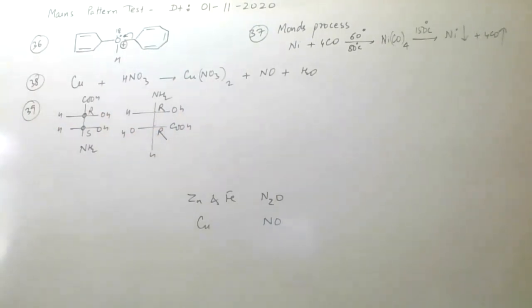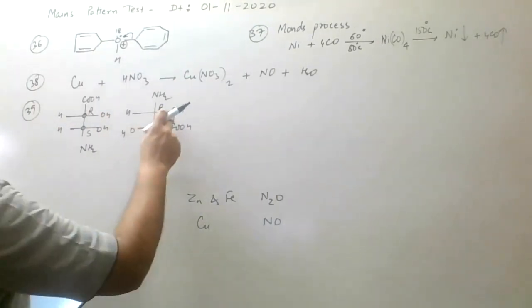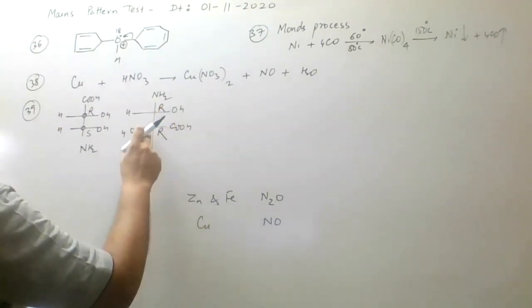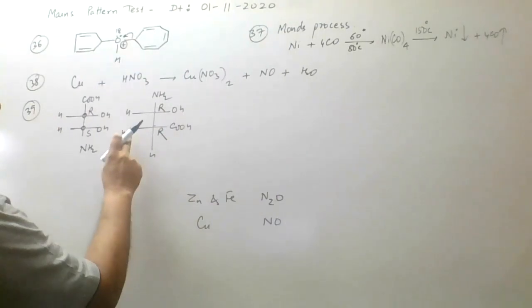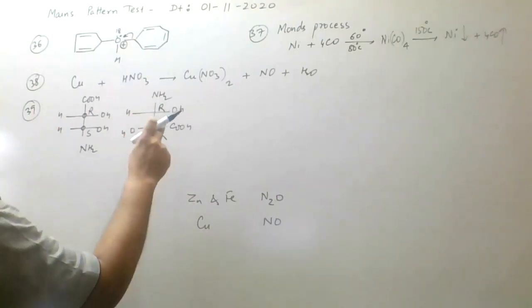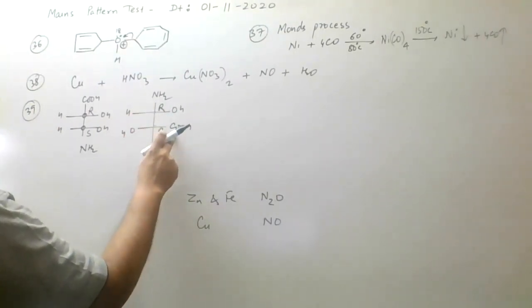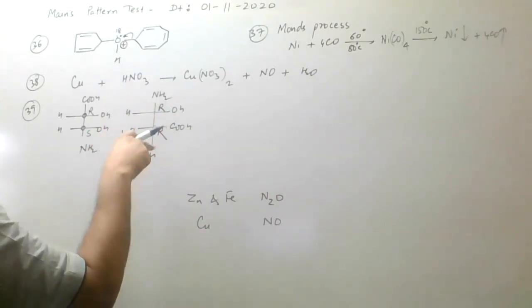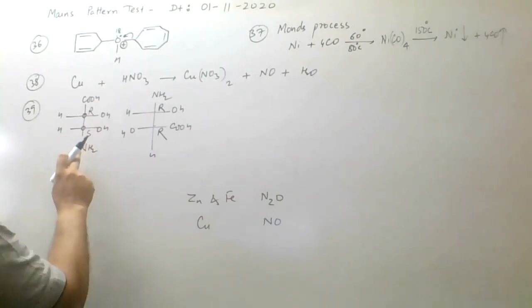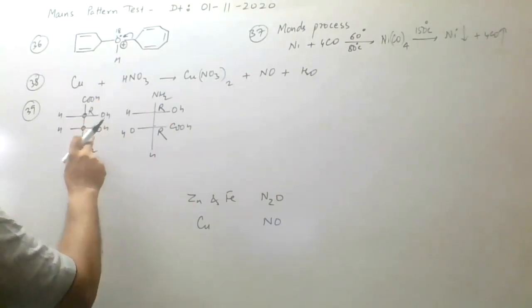Let me check once more. This is 1, 2 and 3. So I am getting S, I have written R. Here it is 1, 2 and 3. There is S, so I will write R. Here it is 1, 2 and 3.